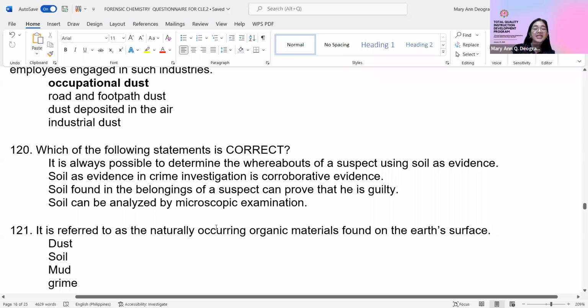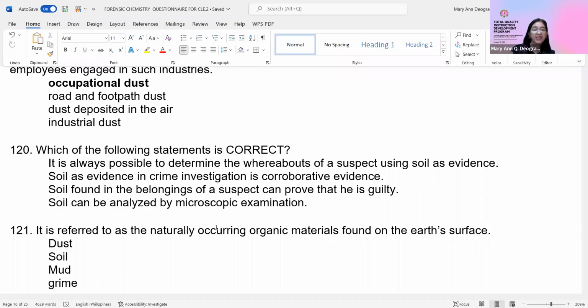Which of the following statements is correct? It is always possible to determine the whereabouts of a suspect using soil as evidence. Soil as evidence in crime investigation is corroborative evidence. Soil found in the belongings of the suspect can prove that he is guilty.